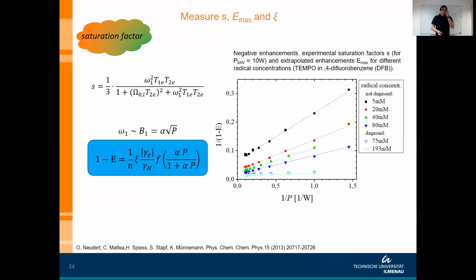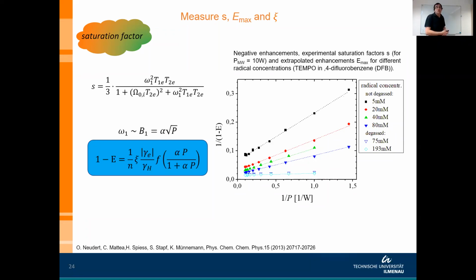And then you can represent this as the reciprocal of 1 minus E as a function of 1 divided by power. Then you get straight lines. And you see, if you increase the power, you go to 0. If you go to infinite power, to high power, then you will get the maximum enhancement.